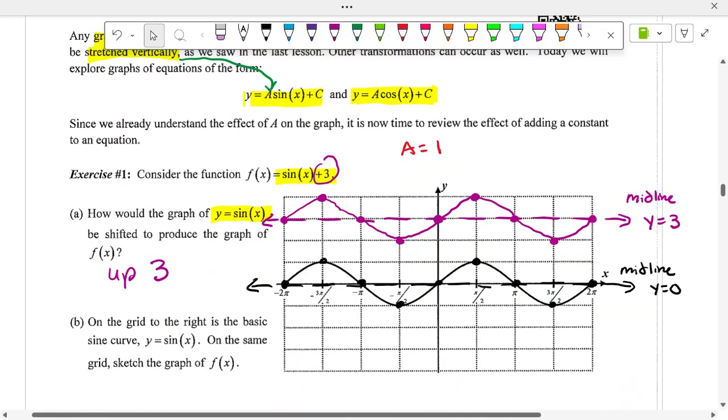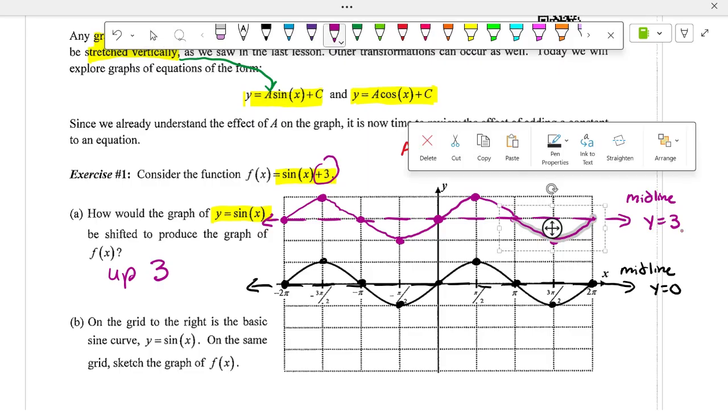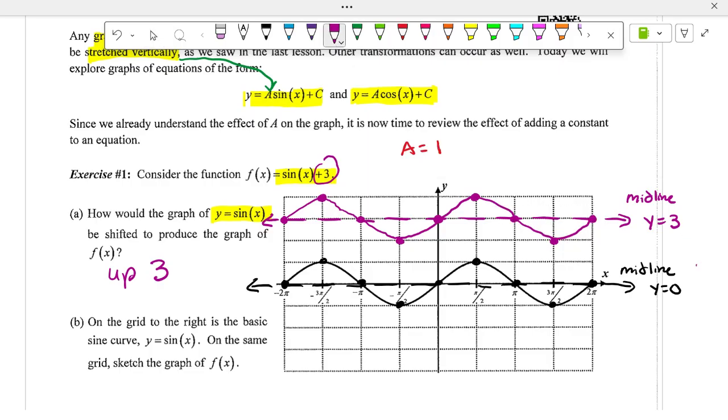Okay, and let me ask you this. Where does the 3 and the 0 come from, do you think? Where do you see this 3 in the original function? The plus 3. Where do you think the 0 comes from in the original function? Are we adding anything here? So technically, if we add nothing, we're technically adding 0.